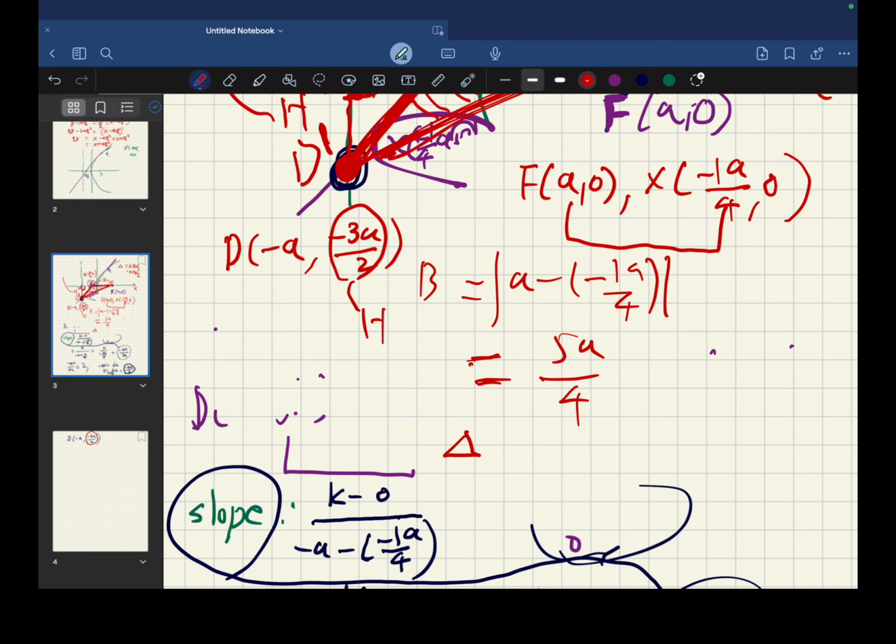So the height is the absolute value of minus 3a over 2, so this would be 3a over 2.